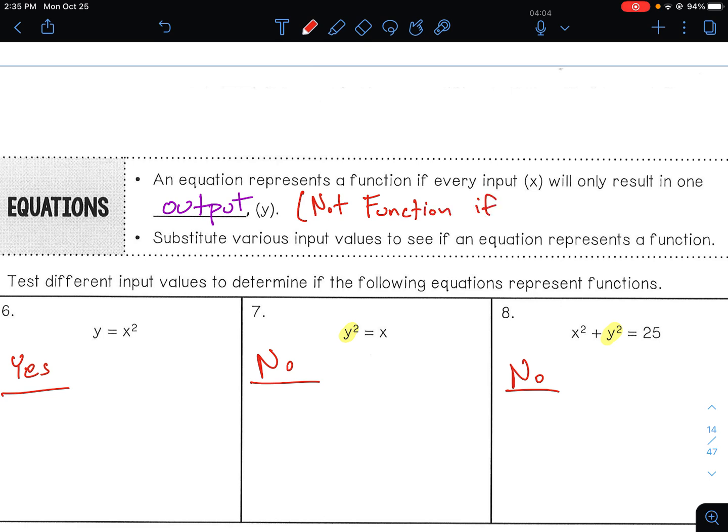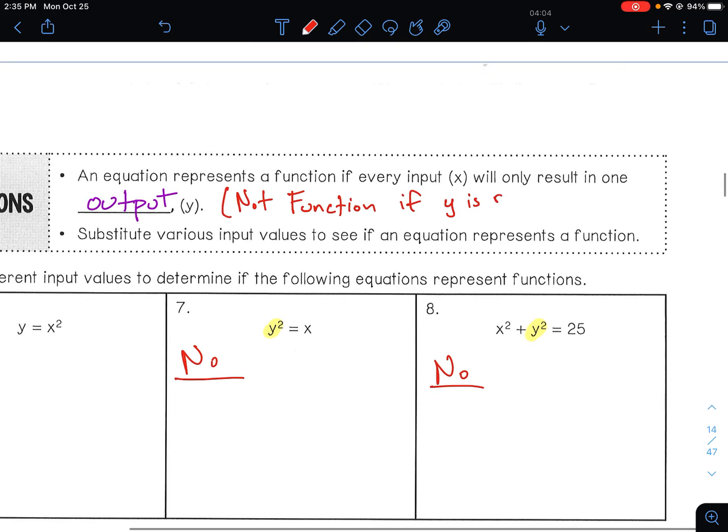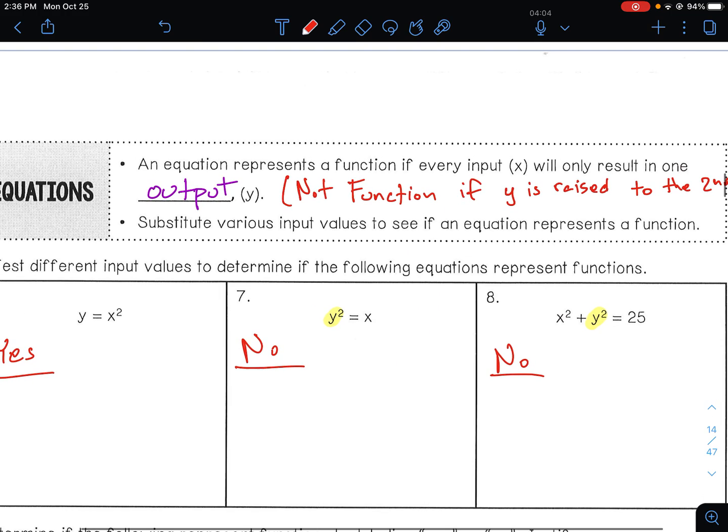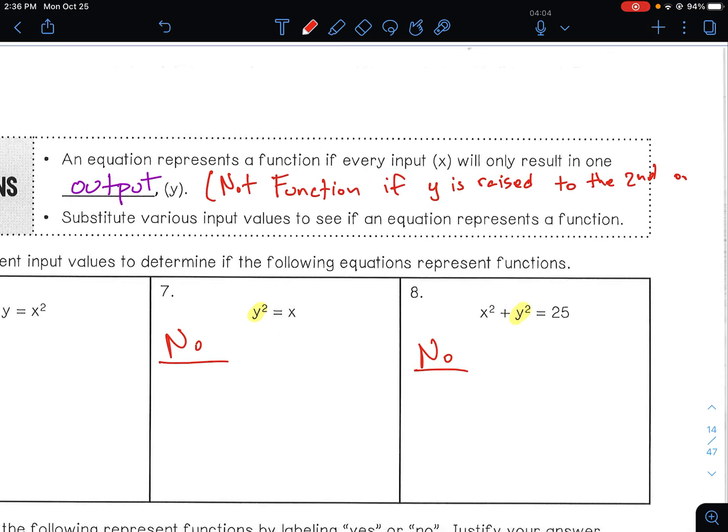If y is raised specifically to the second or any even number power.